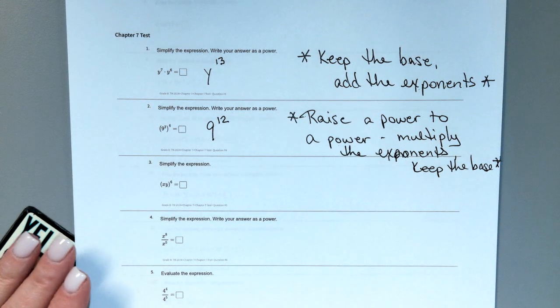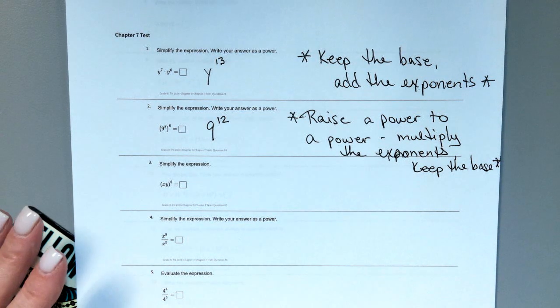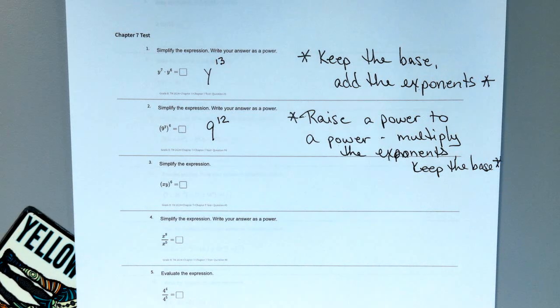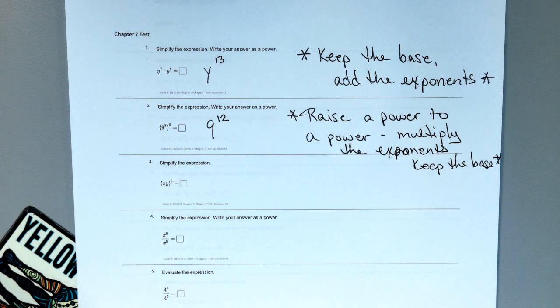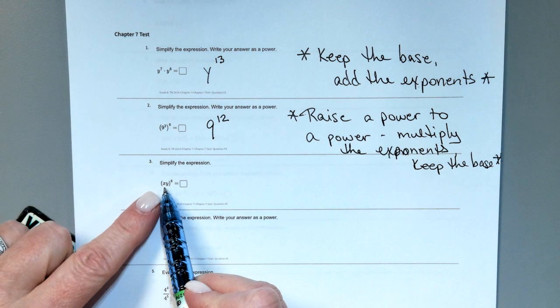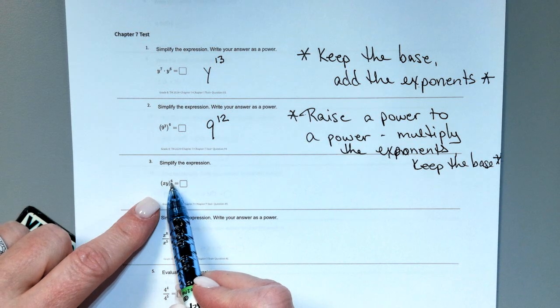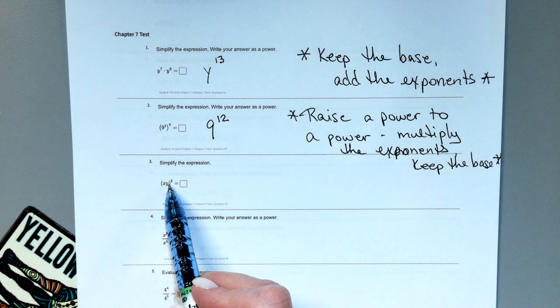Okay. All right, number 3, we have xy in parentheses raised to the 6th power. So I gave my class the example that inside the parentheses is the people in the classroom. That number 6 is me at the door with a plate full of cookies.